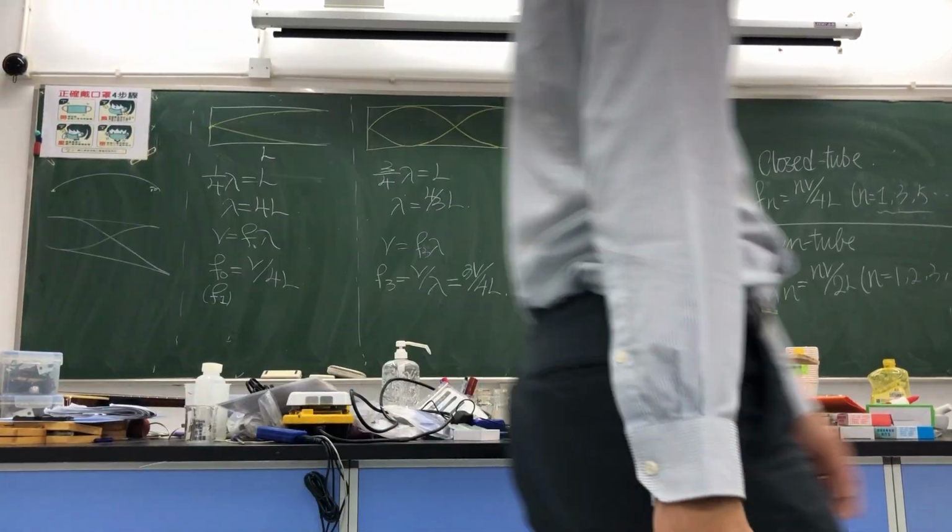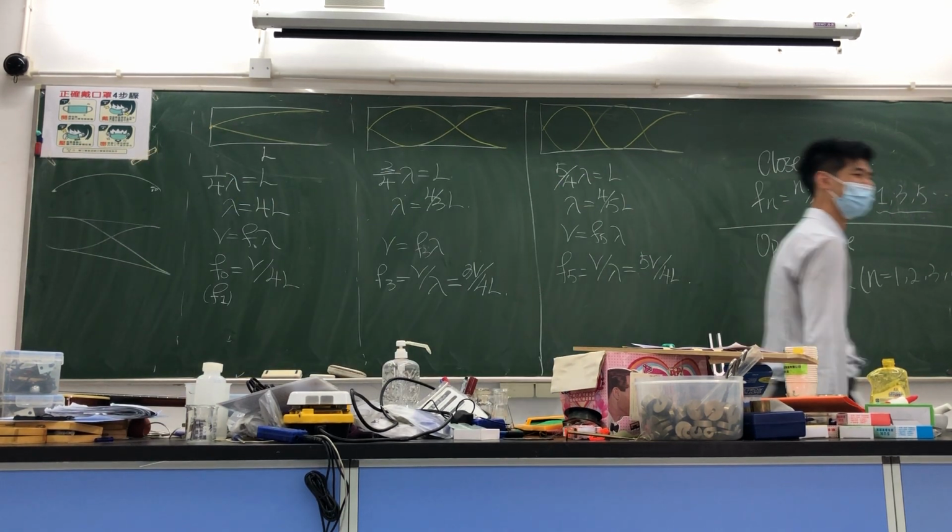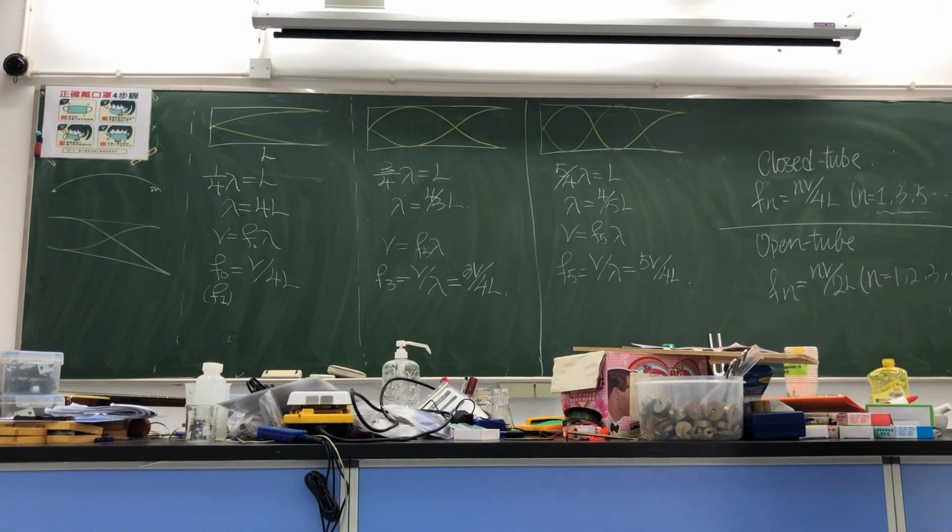Open tube. 兩邊都開放點吹啊？即係你擺個喇叭喺度。你諗下。你兩邊都係 close 咪即係又變翻呢個樣咯。Okay, so as you can see, the harmonic frequencies for these two kinds of instruments are different.